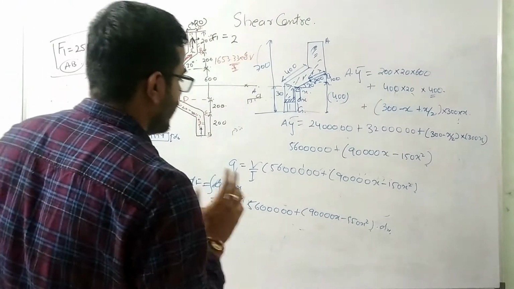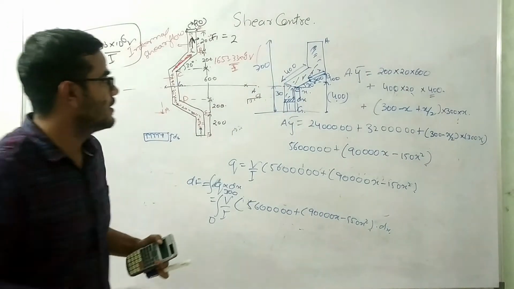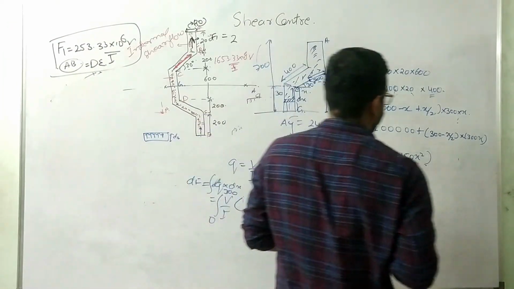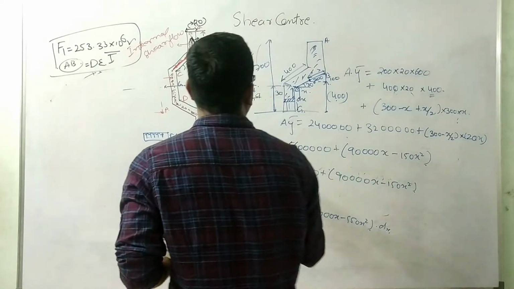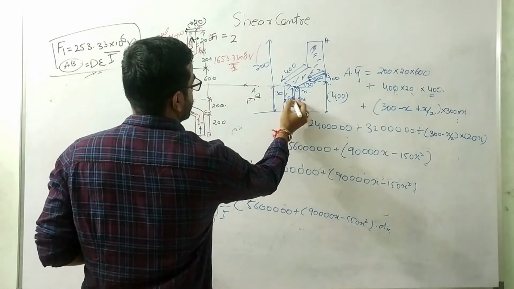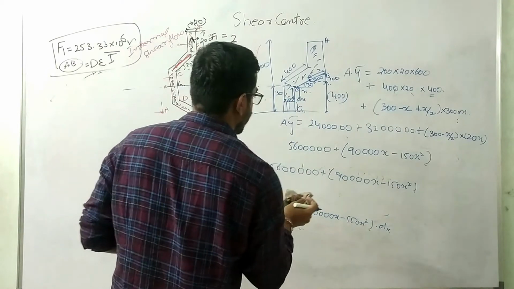So guys, there is a mistake over here. This area is not 300x, it will be 20x, because this thickness is 20. So we have to take area as 20 into x. I made a mistake over there.